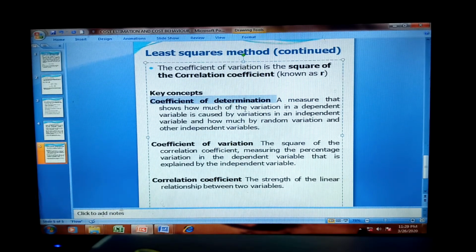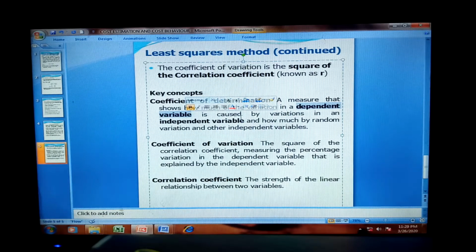And coefficient of determination is always about the measure that shows how much of the variation in the dependent variable is caused by variations in the independent variable. So there is always a variation in the dependent variable.